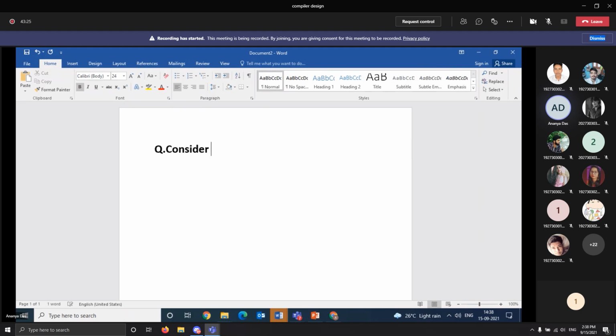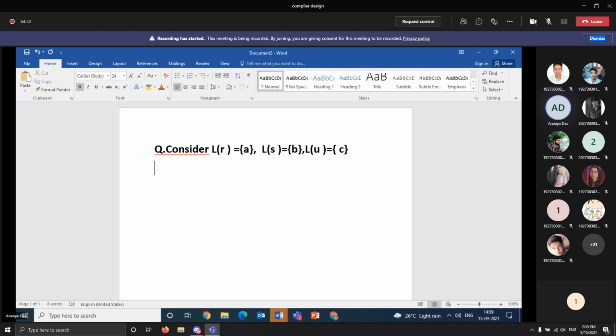Consider a language, L of R, which is made from the input symbol A, and you have another language, suppose L of S, made from B, and you have a third language, which is L of U, taking the input symbol called suppose C, or null, anything.